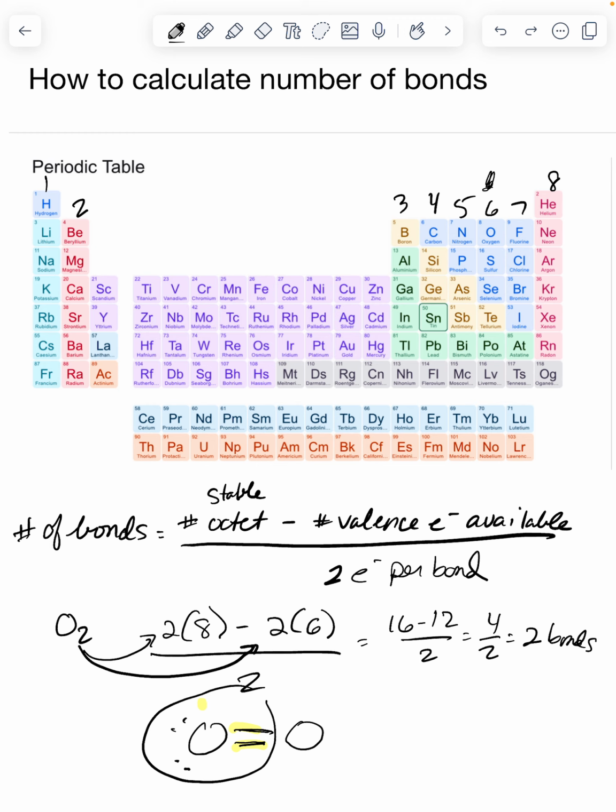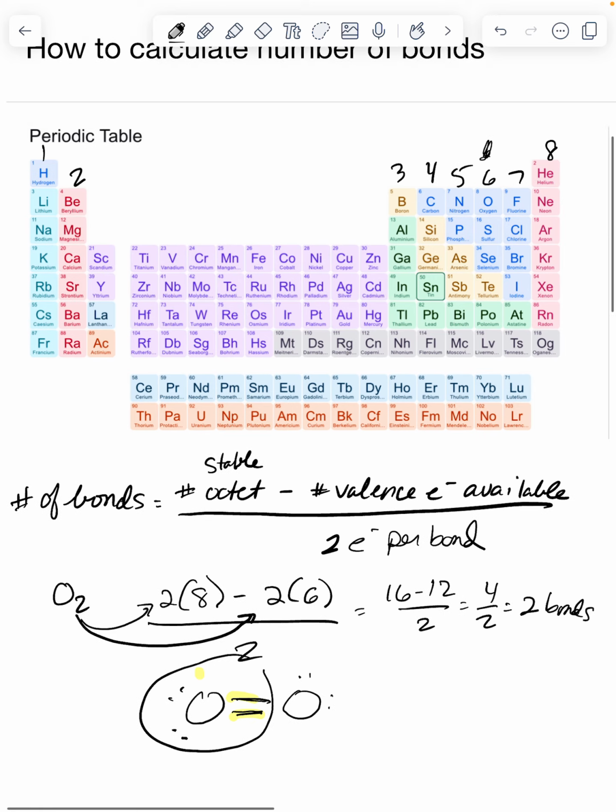Same with the other side. They're identical. So you have 2, 4 in the bond, 6, 8. As I said in class many times, I don't care where you put the outer valence electrons. It's the electrons on the central atom that are going to change the shape.